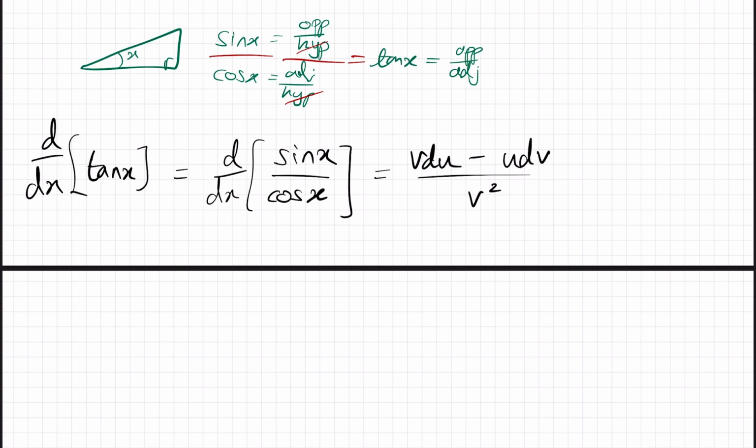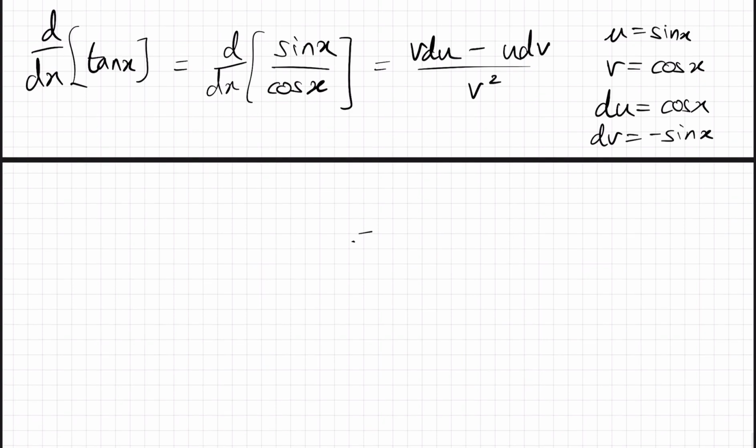And let me just define u and v. So in this case, u would be sin x and v equals cos x. So we can work out what du and dv are. We know that the derivative of sine is cos x, and the derivative of cos x is minus sin x.